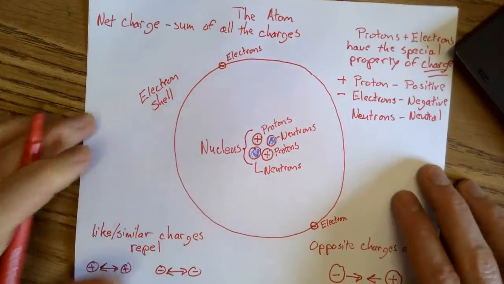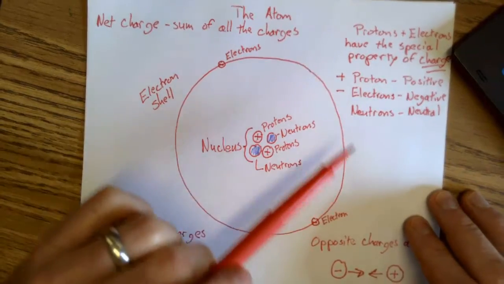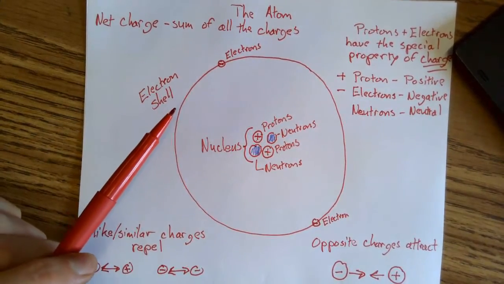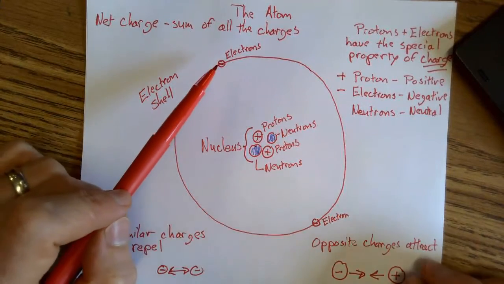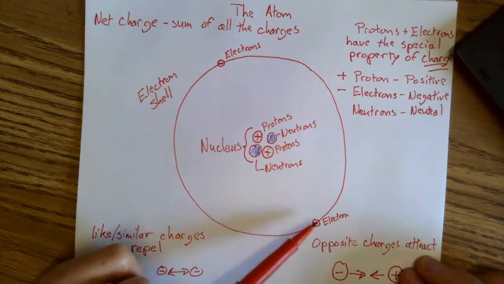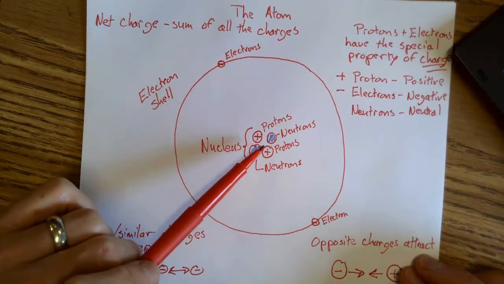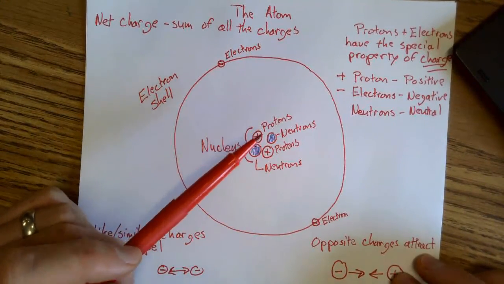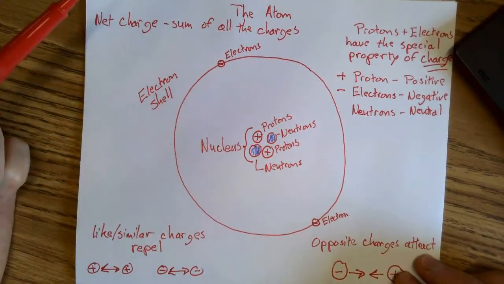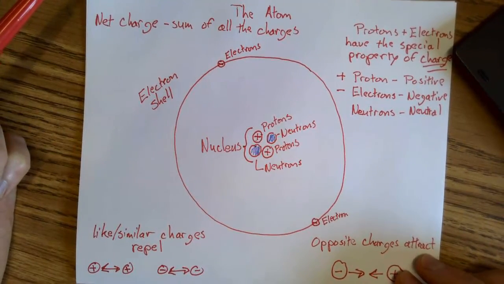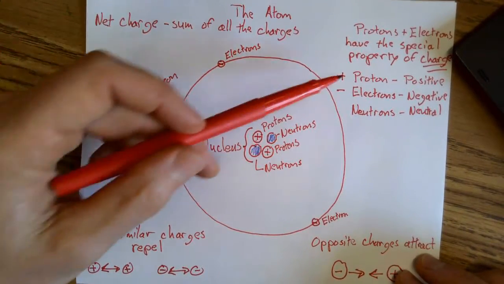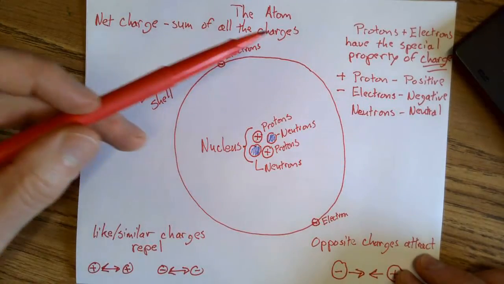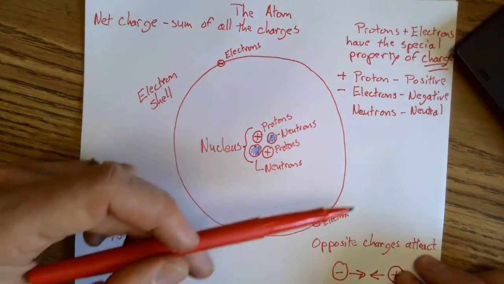Let me show you how this works for this particular atom, which happens to be a helium atom. The two negative electrons and the two positive protons balance each other out. So two positive plus two negative gives a net charge of neutral. In other words, no charge to the whole atom. The whole atom is neutral. It would not be attracted or repulsed by another atom.